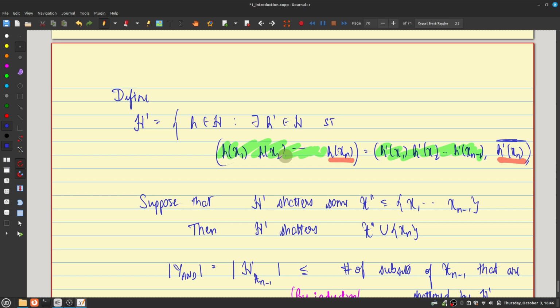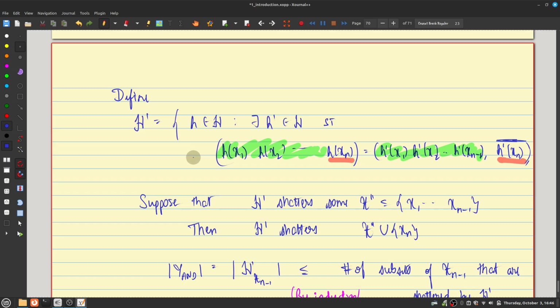Right? You agree with that? So now if I'm looking at the restriction onto something, if H prime shatters a subset, then the restriction of H prime and the restriction of H onto that set are equal. But H prime is not the set of all functions, right?